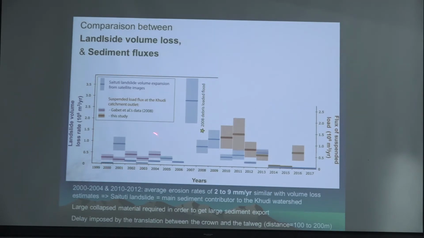So when the landslide area is not so much active, you don't produce so much sediments, and when the landslide activity has been increasing, then you produce a lot of sediments that you can find in your river.